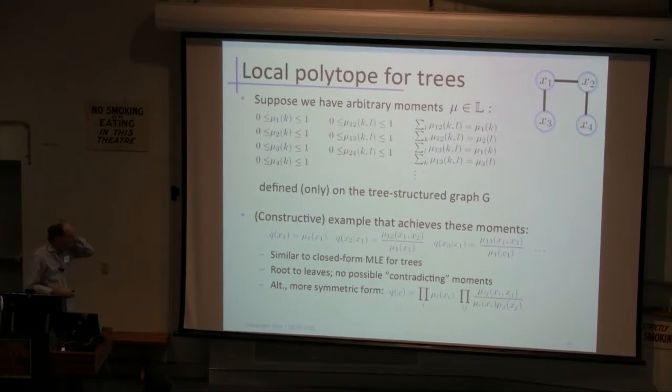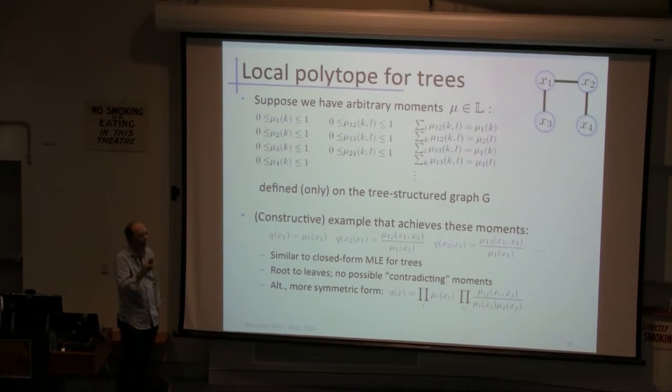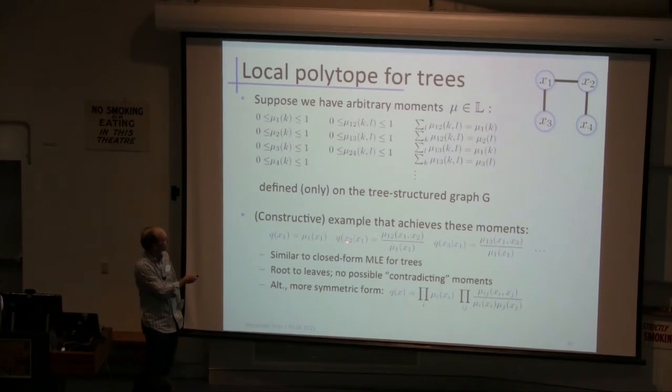So just choose some root like X1, and then work downward, creating conditional probabilities. So for instance, I'll choose Q of X1 to be my marginal probabilities that were specified. Then I'll choose the distribution of X2 given X1, and I'll just use the chain rule for conditioning. So I'll use my marginal for the pair and divide by the marginal for X1.